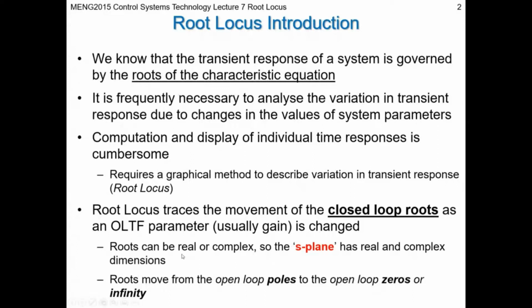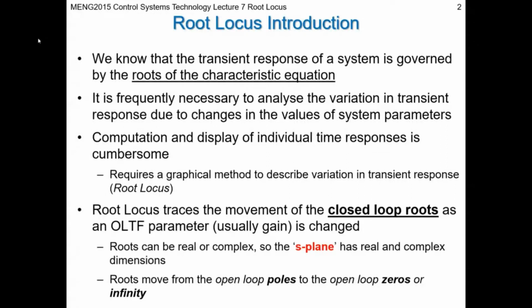So roots, we've touched on this already, can be either real or complex, or they could have a real part and a complex part. So the S-plane also has a real dimension and a complex dimension. Basically what we're using for the root locus is an Argand diagram. The y-axis is our imaginary value, the x-axis is our real value.